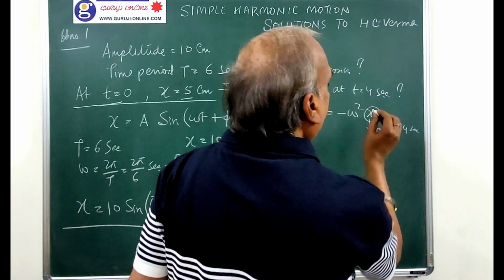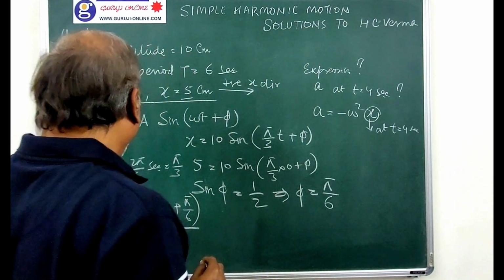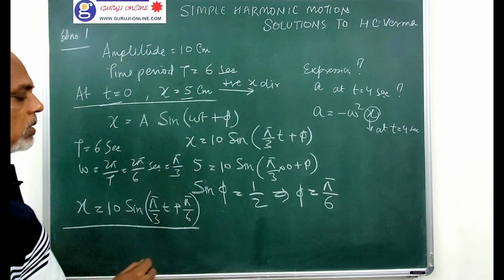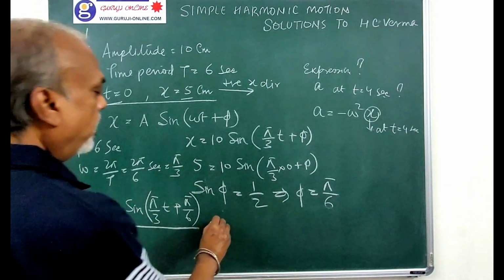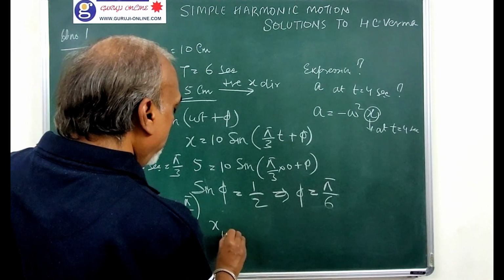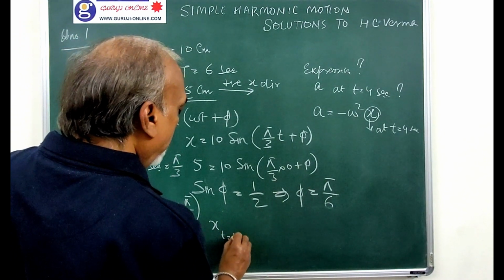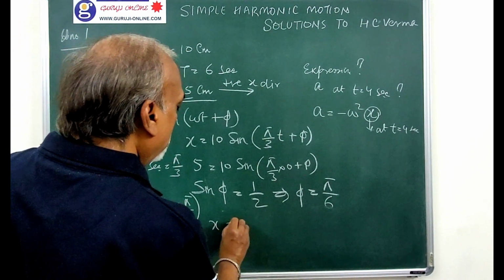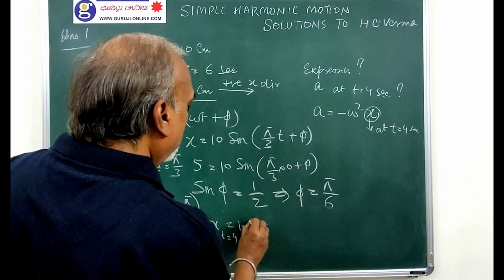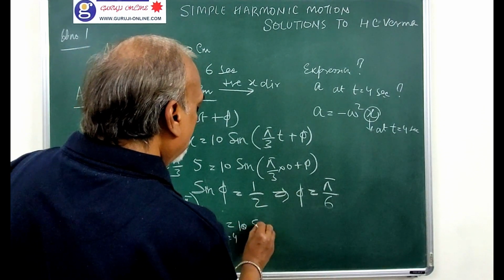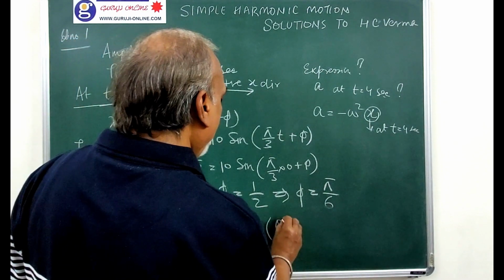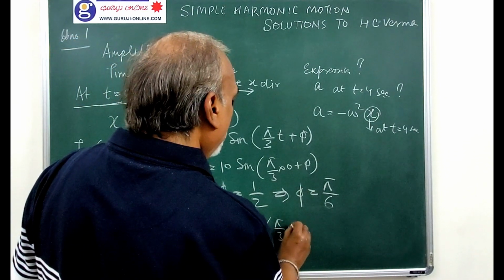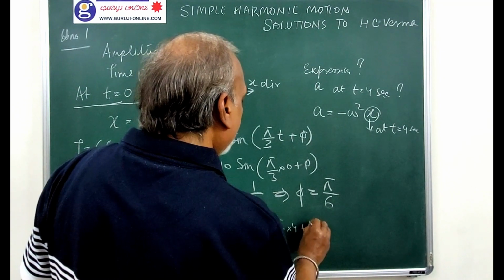With this expression you can find it out. x at t is equal to 4 will be nothing but 10 sine of pi by 3 into 4 plus pi by 6.